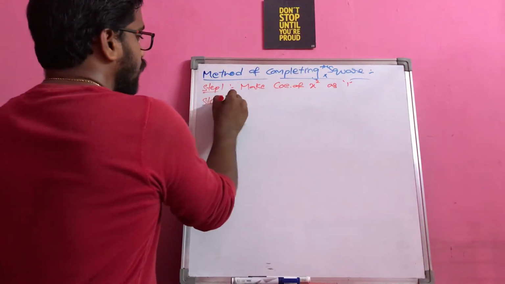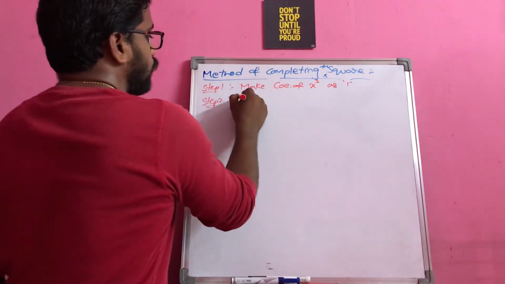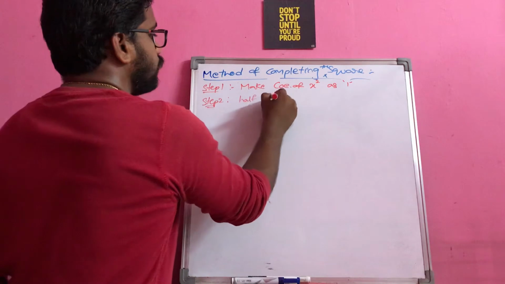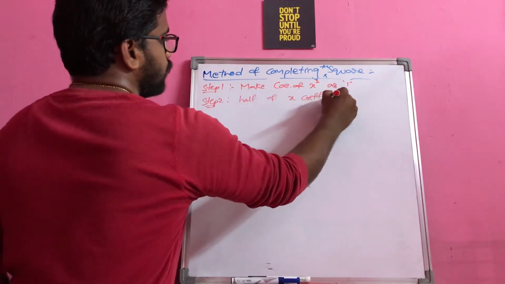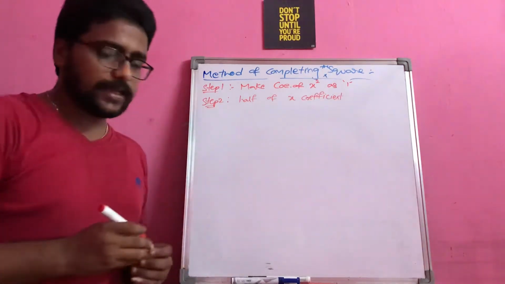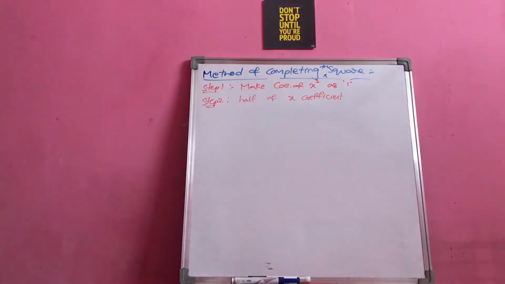Step 2, after doing this, you have to take half of the x coefficient. Obviously, if it is not 1, there will be a change in the x coefficient. And the important point that I want to tell you, when you are taking the half of the x coefficient, please consider the sign also.